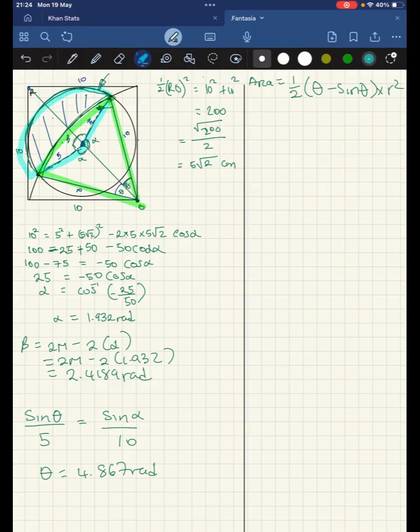Okay, so if I subtract them from each other, and like that, if I subtract them from each other, we will be left with this. I hope that makes sense, okay?